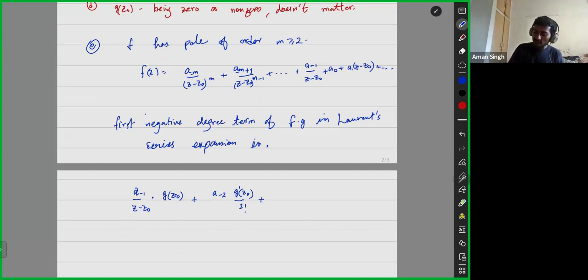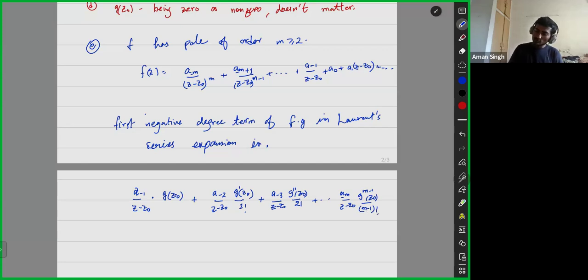And so on. Here also we remain with z minus z naught in the denominator: a minus 3 g double prime at z naught by 2 factorial. Here also one power remains, and so on. This goes to a minus m divided by z minus z naught to the power m minus 1, g to the m minus 1 at z naught by m minus 1 factorial, something like that.